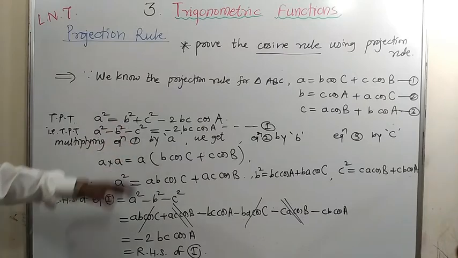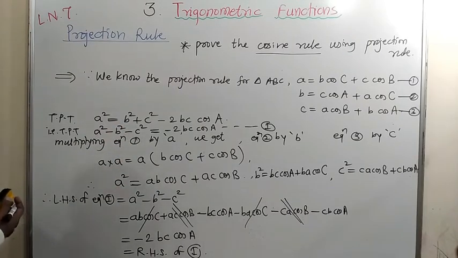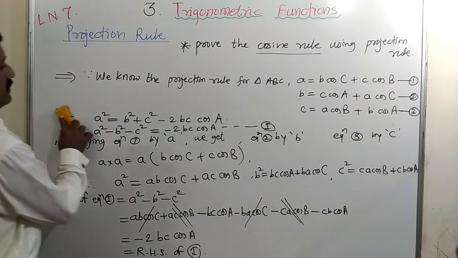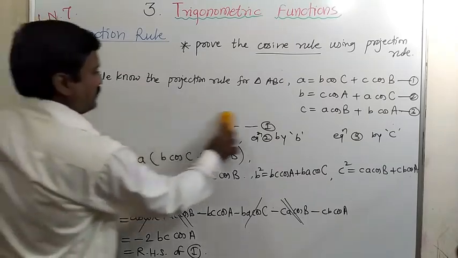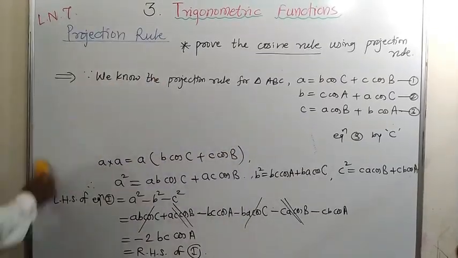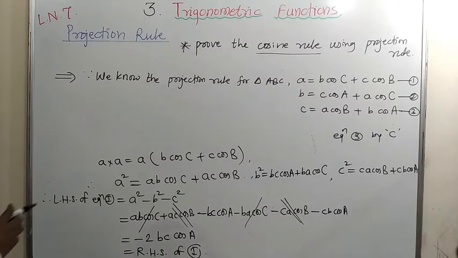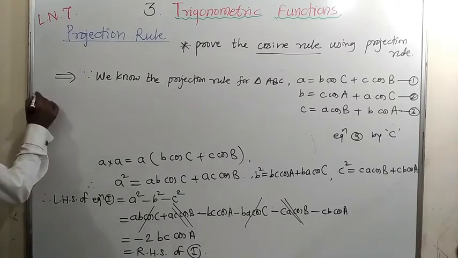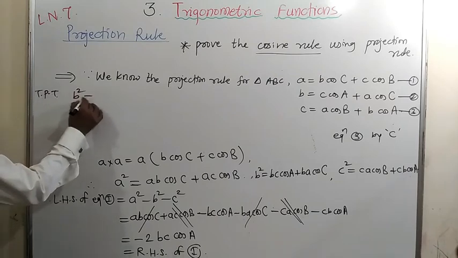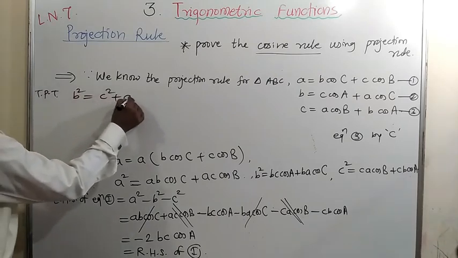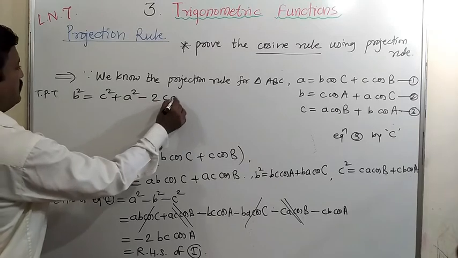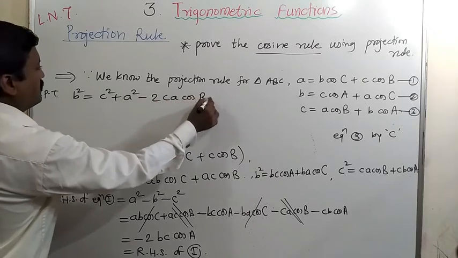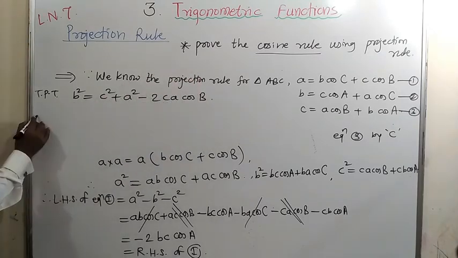Let us do the second part of this cosine rule. What is the second part? That is to prove that b square is equal to c square plus a square minus twice ca cos B. Consider this RHS.